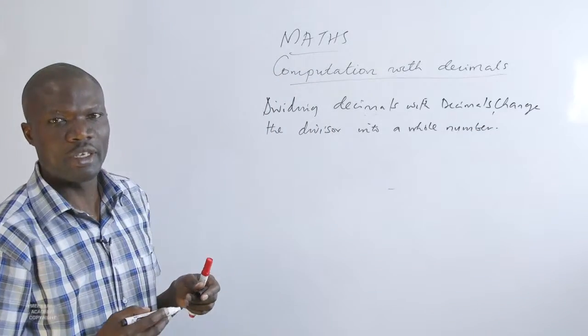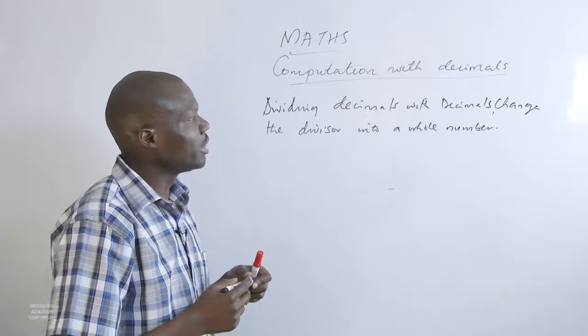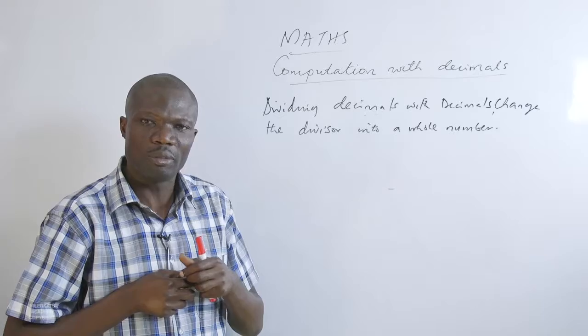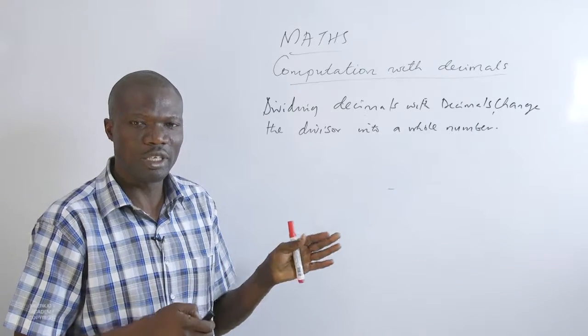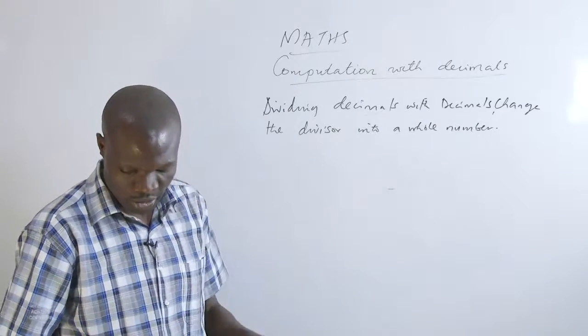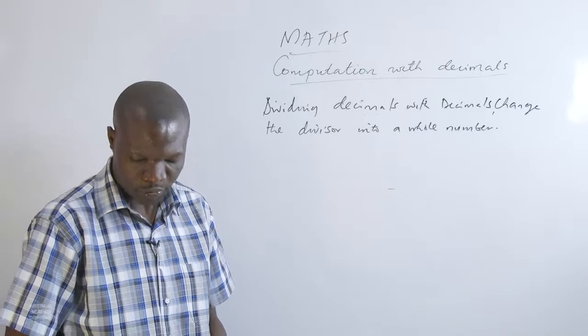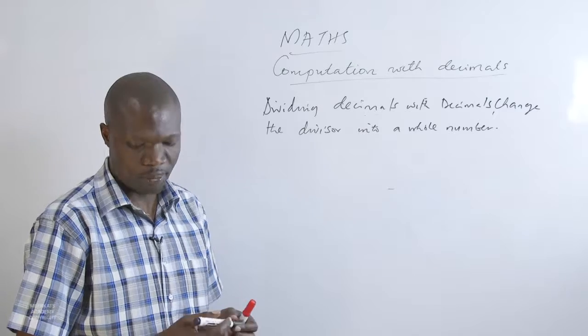When you are dividing a decimal by another decimal, change the divisor into a whole number. It's advisable you change the divisor into a whole number.